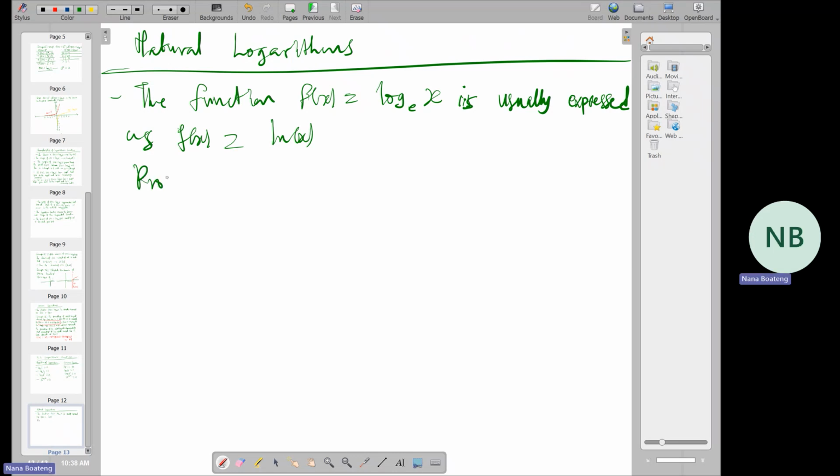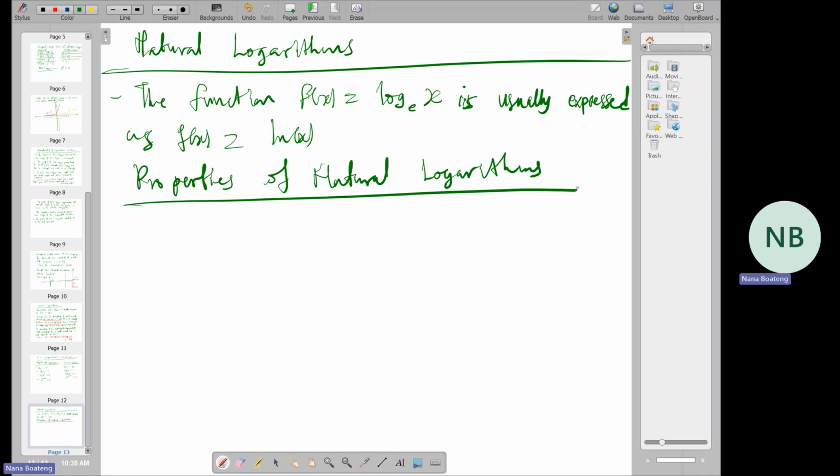And so, properties of natural logarithms. Let's look at some general properties.